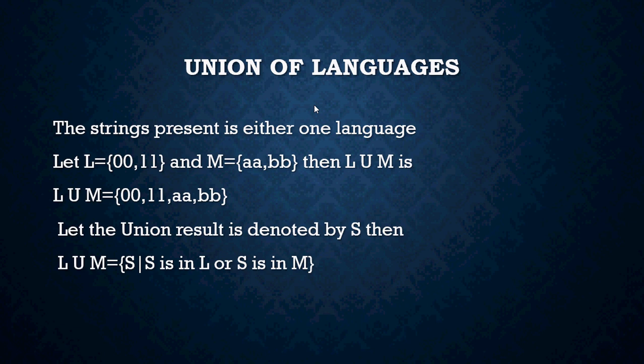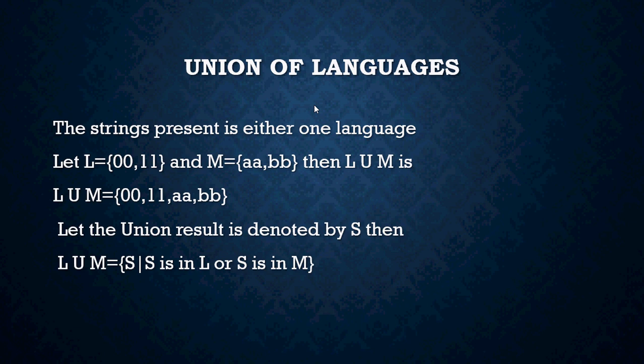Now, when we merge it together, we have the elements 0 0, 1 1, AA, BB. That is L union M. Mathematically it can be defined as the entire result specified as S, where S can be either in L or in M. So that's what is written in the mathematical notation as L union M is equal to S, where S is in L or S is in M.